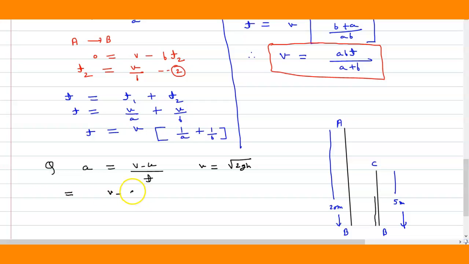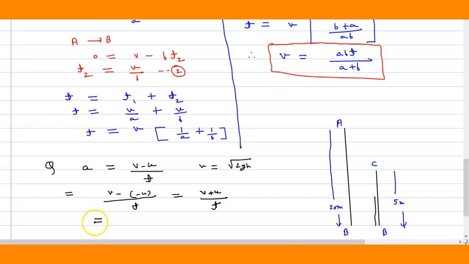It means that this is (V minus U) divided by T. We are taking a negative sign because V and U are in opposite directions, so we are taking the minus U. Then this is equal to (V plus U) divided by T.